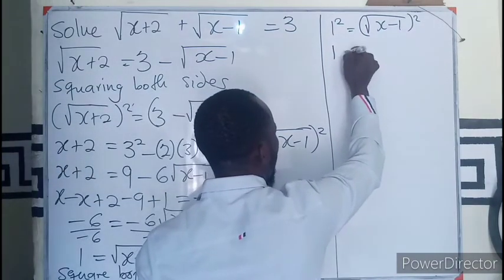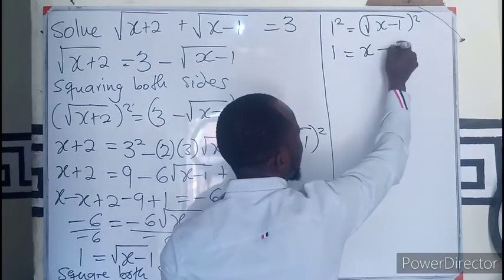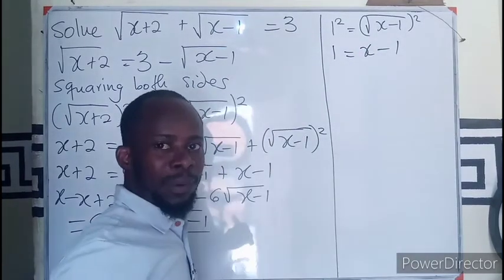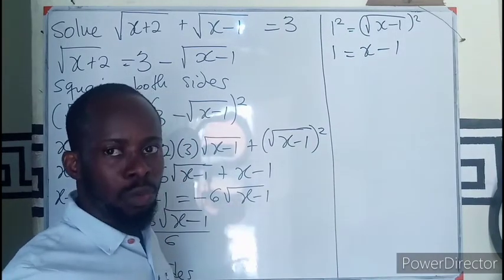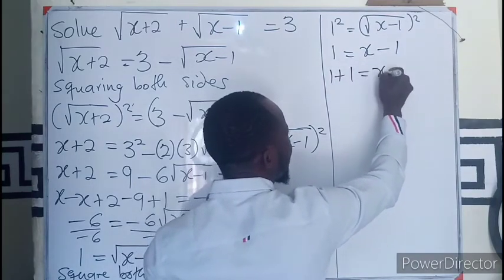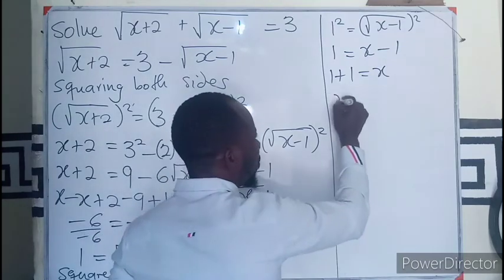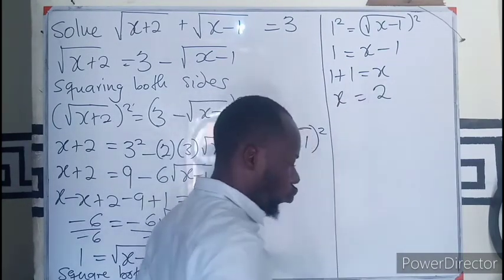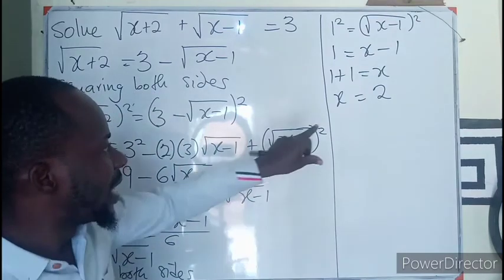I know this will give me 1. The square root will cancel this, so I'll be left with x minus 1. So this is a simple equation whereby we can group like terms by adding 1 to both sides. So it will be 1 plus 1, x minus 1 plus 1 will give you 0. So in sense, your x is going to be 2.